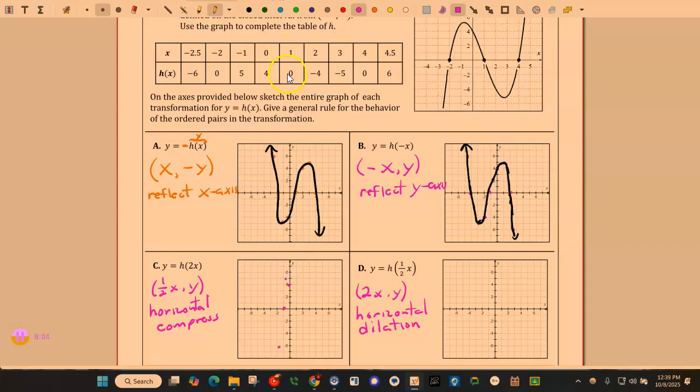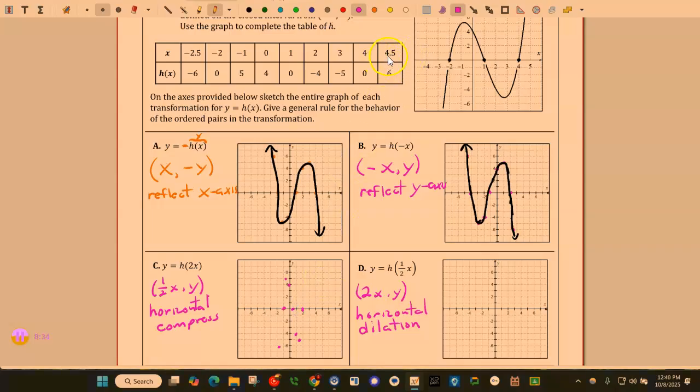Half of 1 is a half, so half comma 0. Half of 2 and negative 4, so that's 1, negative 4. And 3, half of that is 1.5, negative 5. And 4, half of 4 is 2.